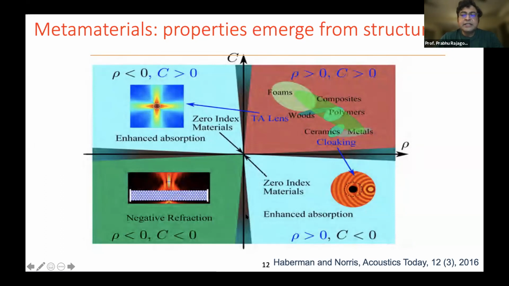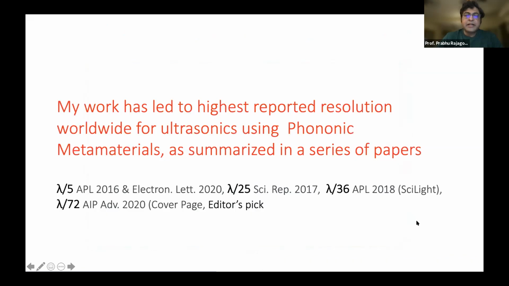But if any of these starts to get negative, and when we talk about negative density, what we mean here is in the dynamic sense, not in a static sense, then you start seeing all sorts of extraordinary properties: enhanced absorption, enhanced transmission, negative refraction, that is non-Snell's law behavior. These are all possible by just arrangement of material in certain patterns.